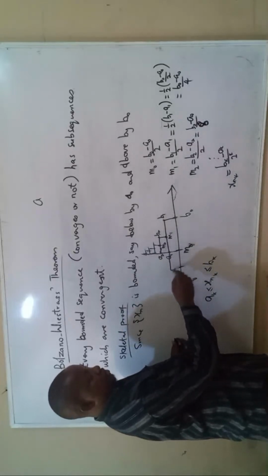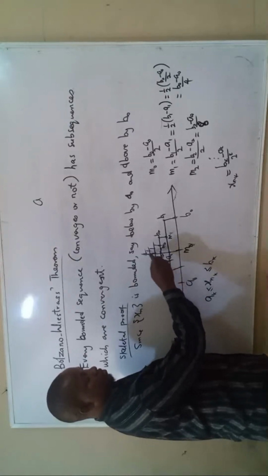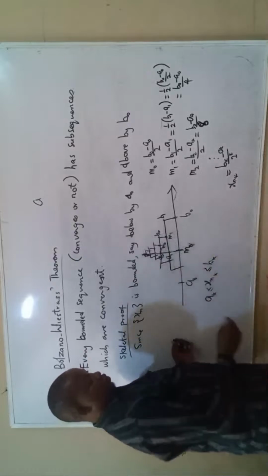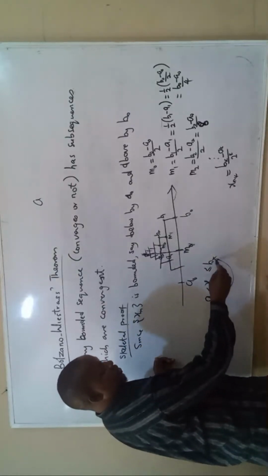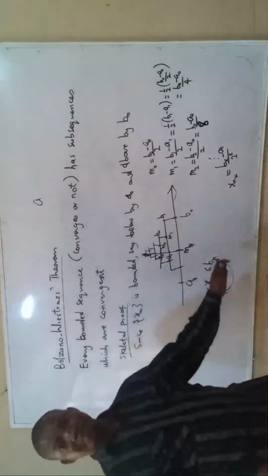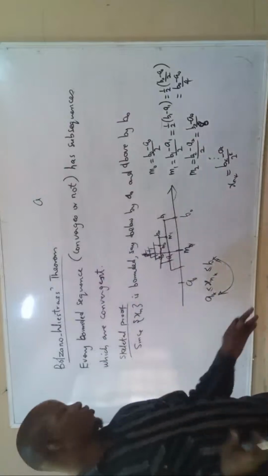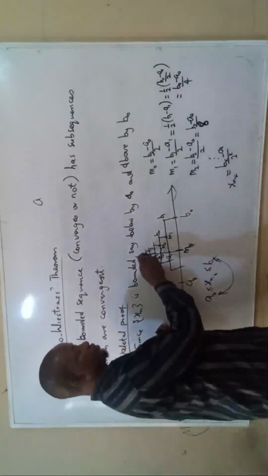We partition this again to meet this, partition this again. This is what we're getting. Both of them will meet at one point. What we are saying is that ak and bk will be the same, and both of them meet at a particular point.